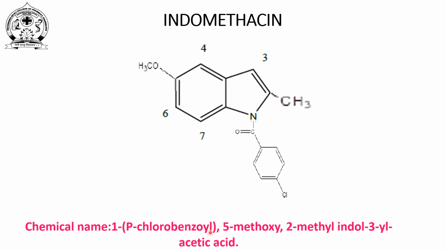At the third position there is an acetic acid group. This is the structure of indomethacin. Once again, see the different groups on this structure: first position parachlorobenzoyl group, second position methyl group, third position acetic acid group, and fifth position methoxy group. This is the structure of indomethacin with its chemical name.